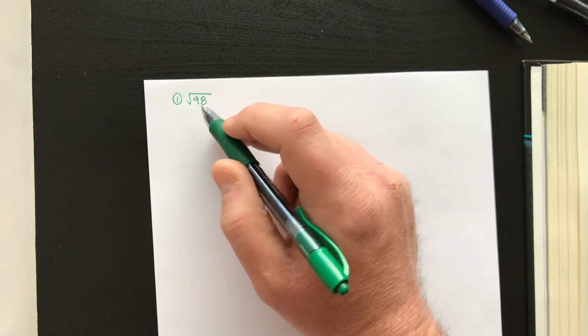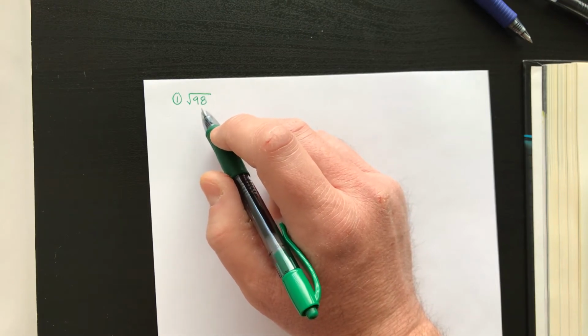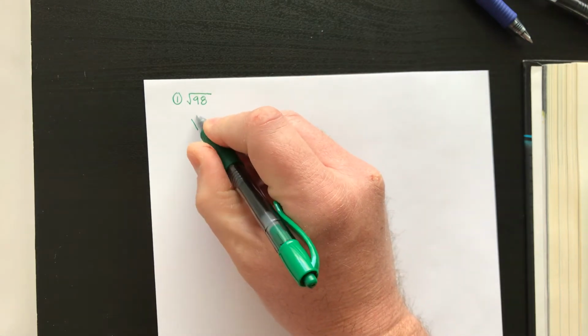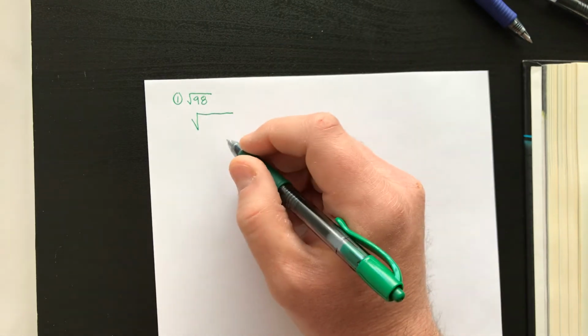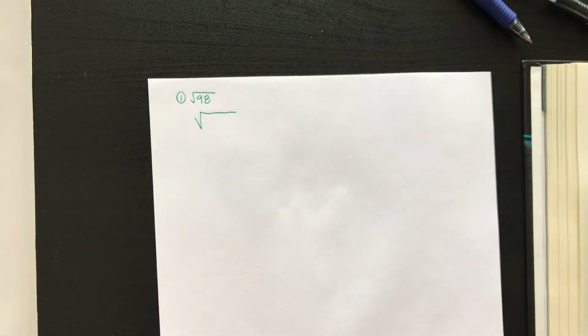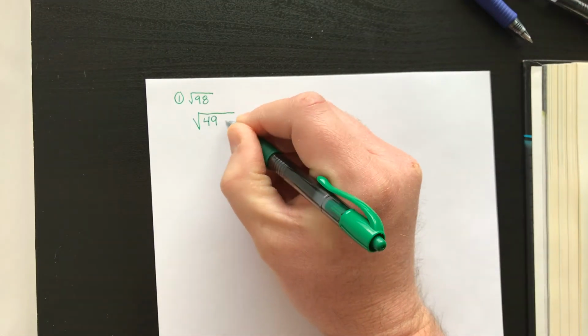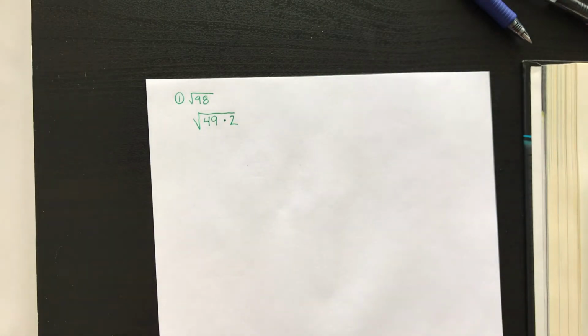So we need to find a perfect square that also goes into 98. And we can rewrite this. Instead of writing it as the square root of 98, I'm going to rewrite this as 49 times 2. Because isn't 49 times 2 just 98?